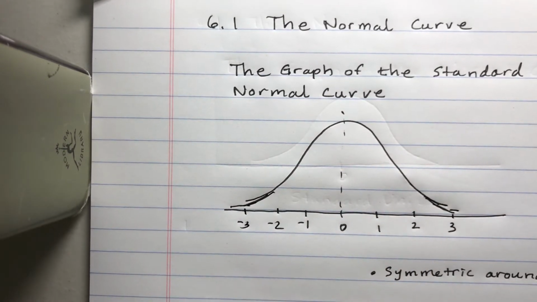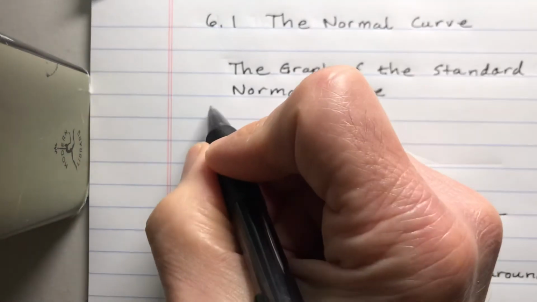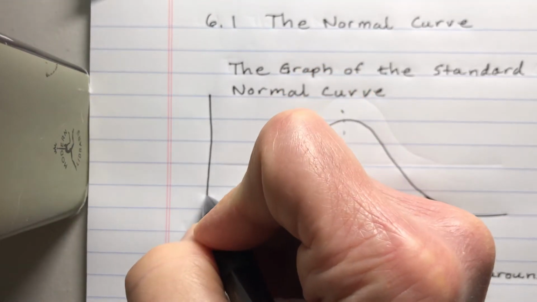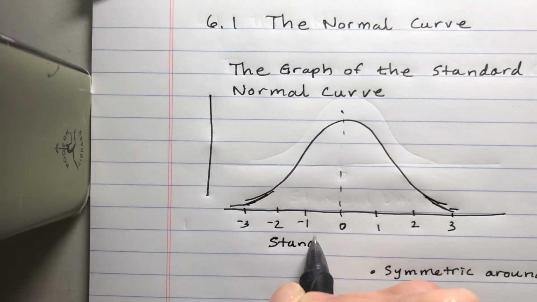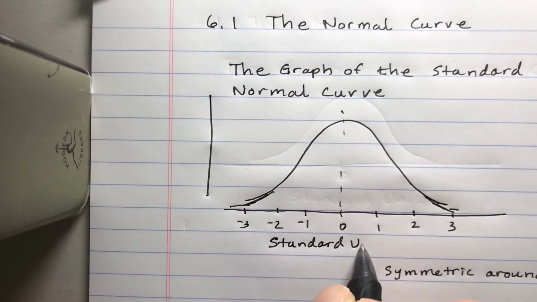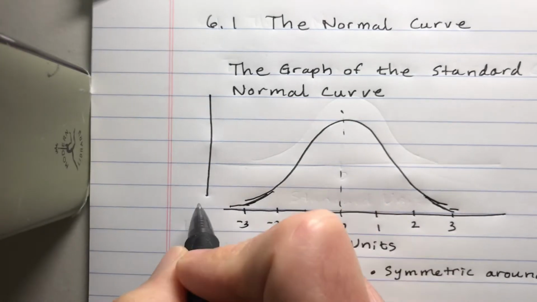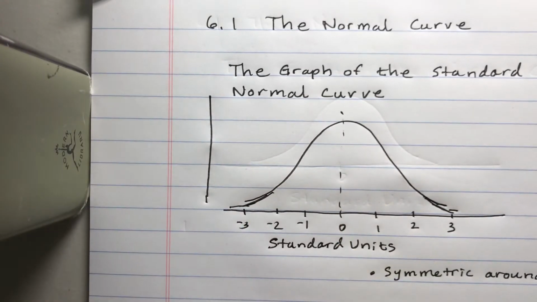Okay, now the thing is I haven't put a vertical axis, so this is along the horizontal axis. This is called standard units. Along the vertical axis, I'm going to label this in terms of percents.